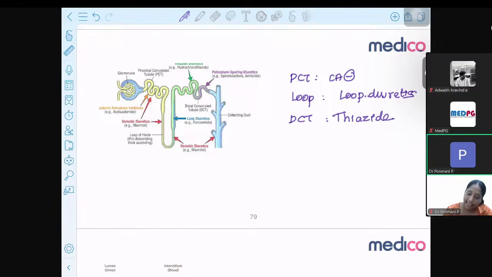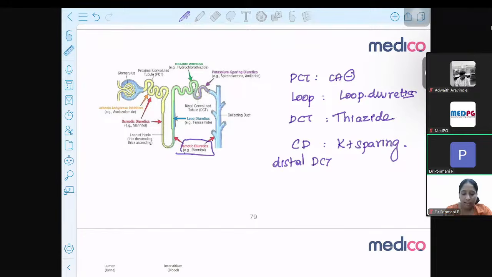And which act in the collecting duct are potassium-sparing diuretics. It also acts in the distal DCT. And what about osmotic diuretics? The osmotic diuretics act at many places, such as the PCT and also the proximal part of the loop of Henle, and many other parts also.